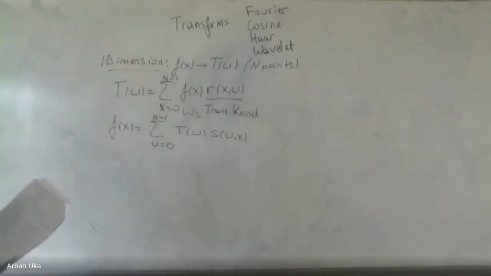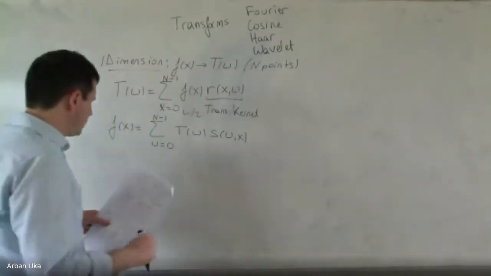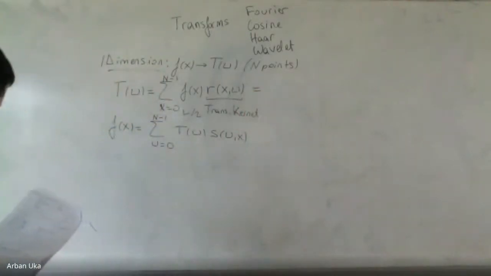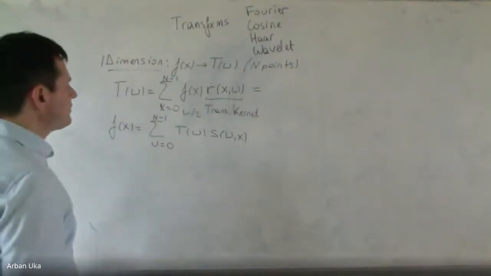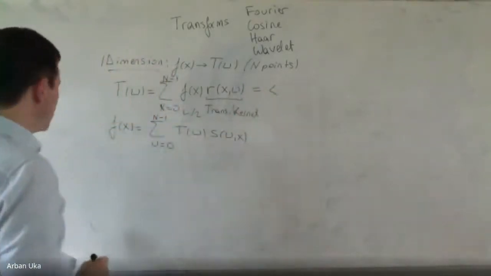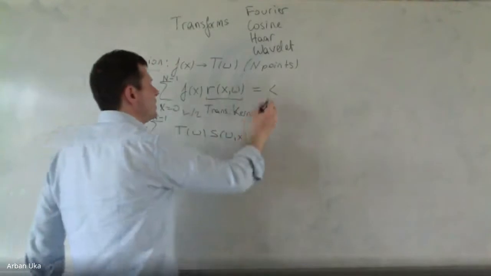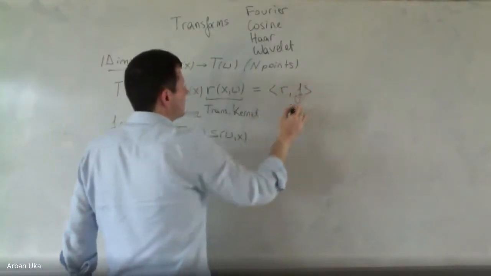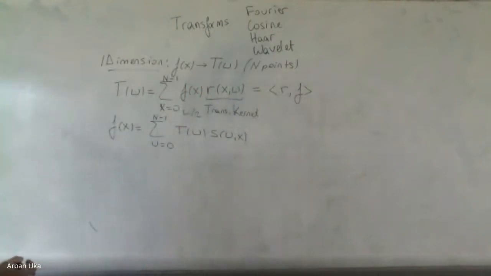Now, if this is the case, there are a couple of definitions that we can write regarding this. For example, this T of u we can write also as the inner product of two different operators: the inner product of a vector r and a vector f. So this is one way to represent it.